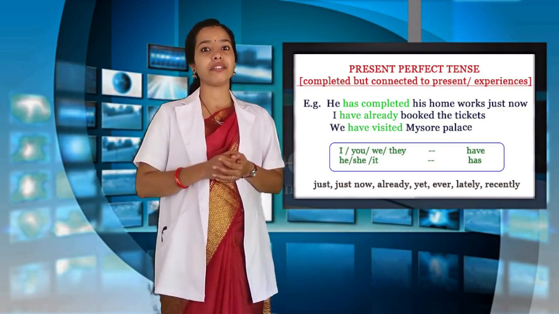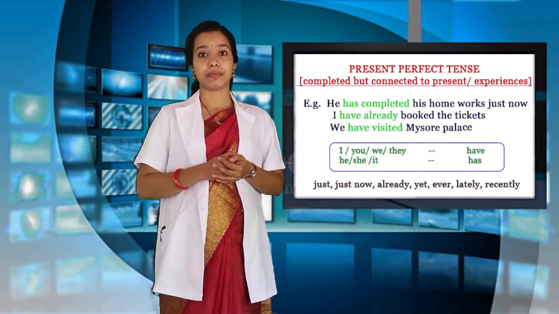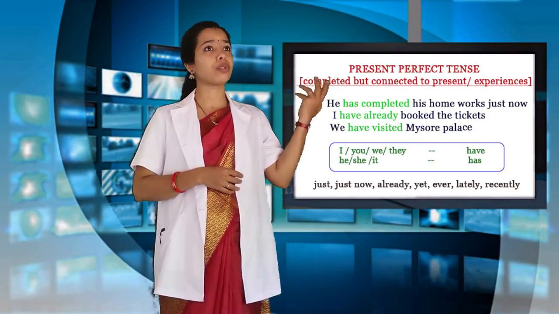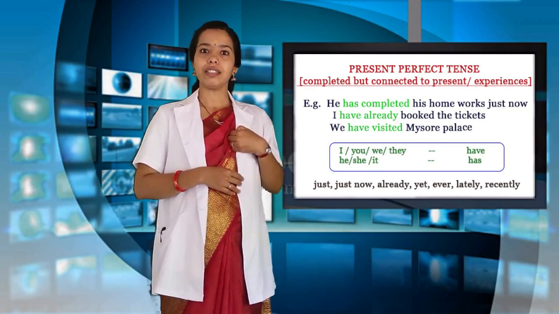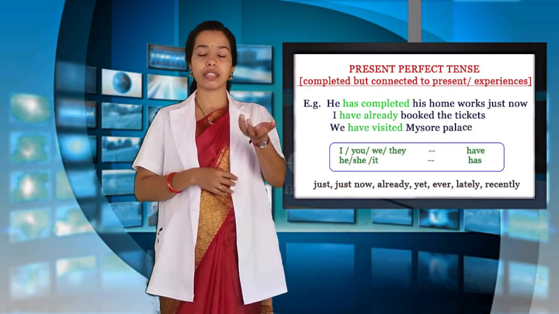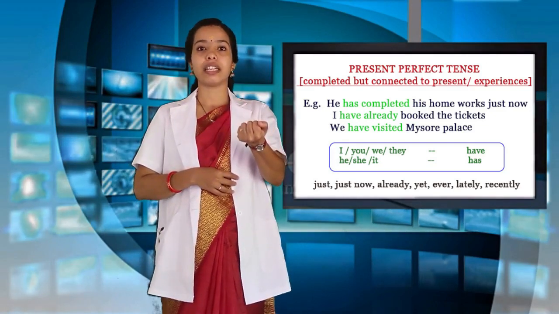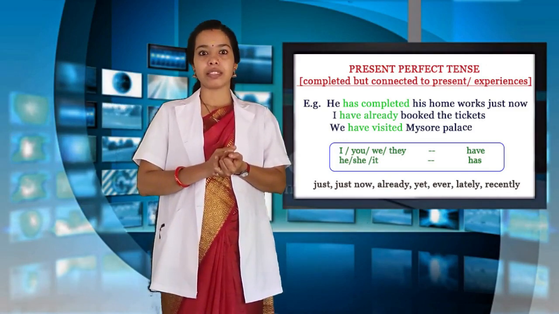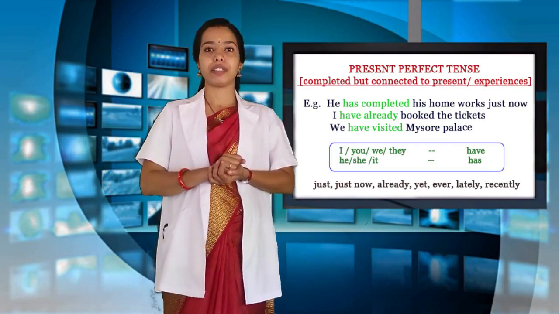Then, I have already booked the tickets. Maybe I booked the tickets one or two days before, but still I am owning them. I have them in my hand, or I can assure that I have the tickets. So it's connected to the present. Then, we have visited Mysore Palace.